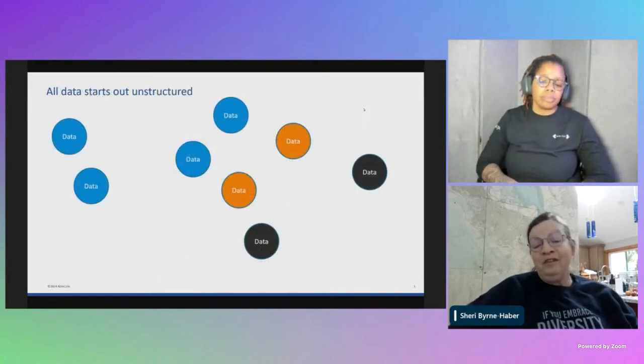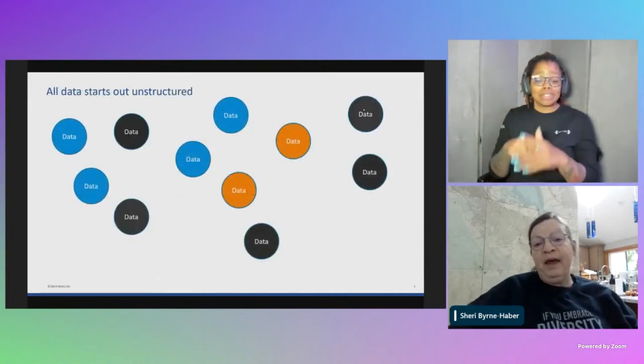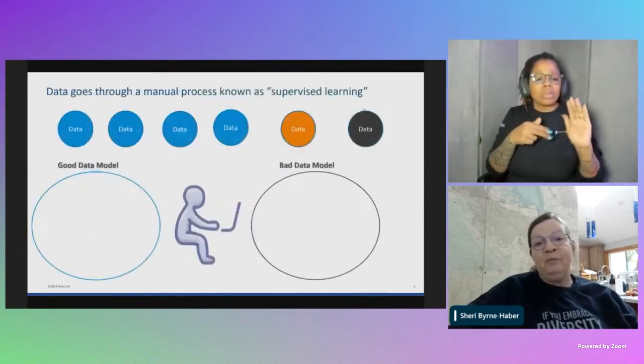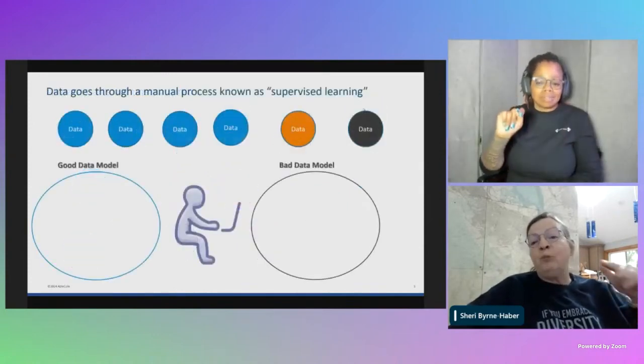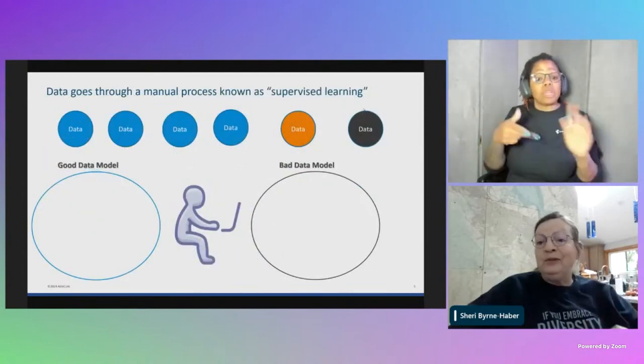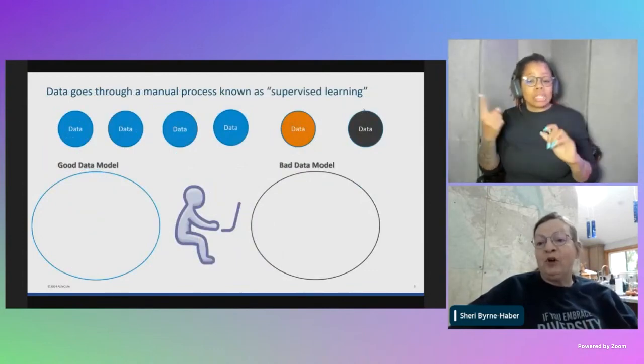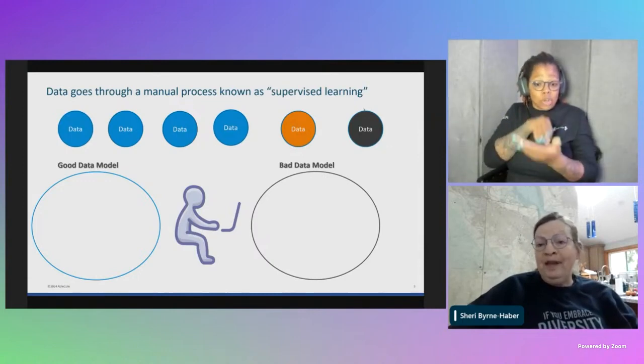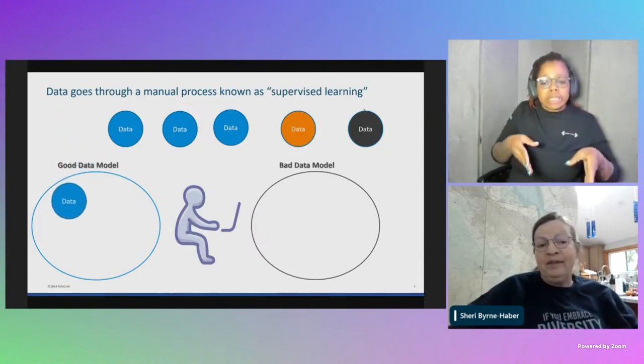Okay, all data starts out as unstructured, okay? So it's not labeled, it's just text. But what happens is when you label data, you're doing something called supervised learning. And with supervised learning, you have a human that's sitting there and categorizing the data.